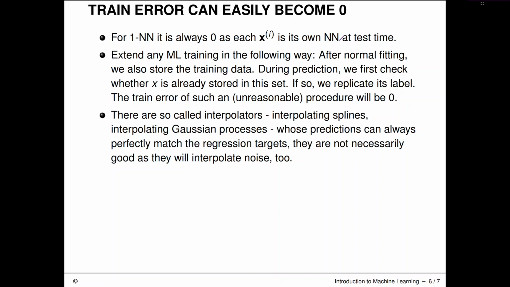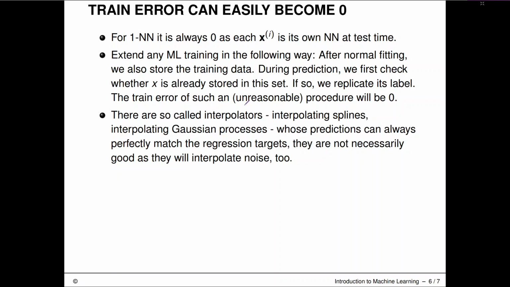If we have, we simply replicate its label. If we would evaluate such a procedure again through the training error, this would also produce an estimate of exactly 0. So in a certain sense, we are adding in the 1-nearest-neighbor procedure as an extra little post hoc step at the end during prediction time.